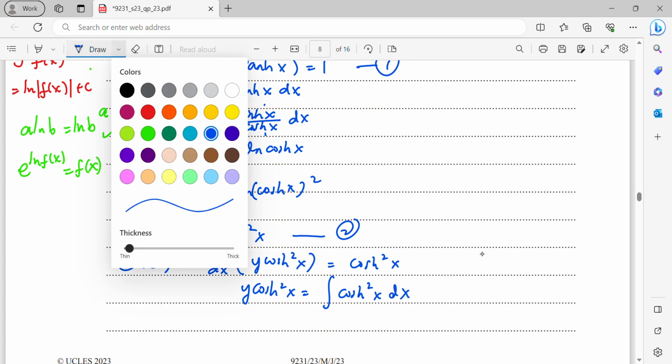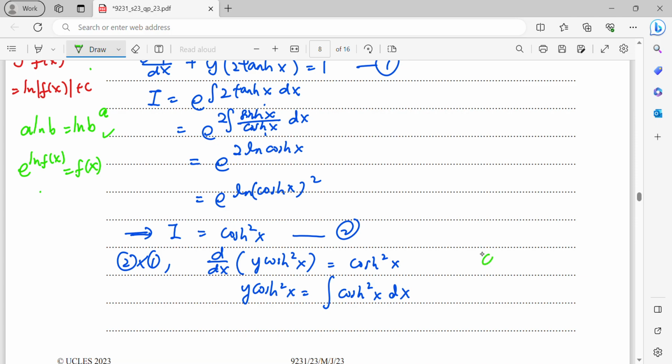When we need to integrate cosh squared x, we need to refer to the double angle formula, which is cosh 2A equals 2 cosh squared A minus 1. Now this is the subject: I get it by moving the minus 1 to the left-hand side and the 2 to the right-hand side. So cosh squared x is half of 1 plus cosh 2A.